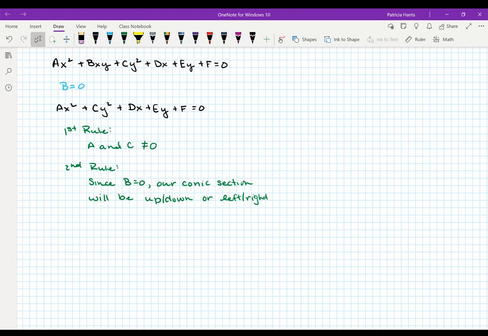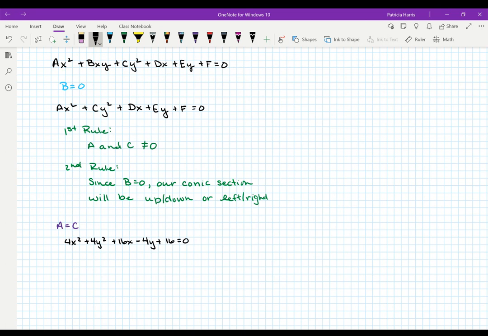So let's talk guidelines. How do you know what you're looking at? Okay. If the value of a is equal to the value of c, so if this number is like a 4 and this is a 4 as well, let me write that down. So it looks like this. Okay.